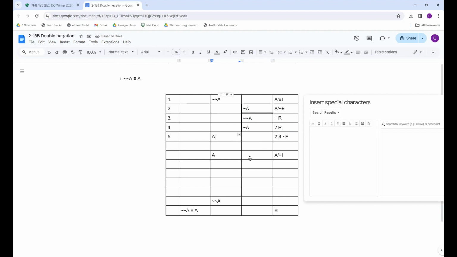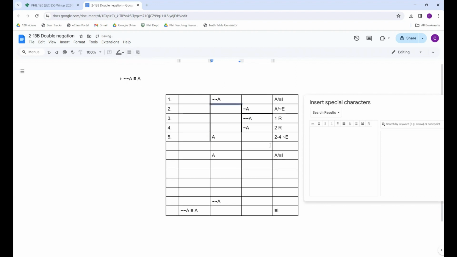And this subderivation is now done. So all we need to do now is put in this scope line. I should come up with a scope line theme music to play while I'm entering these. All right.